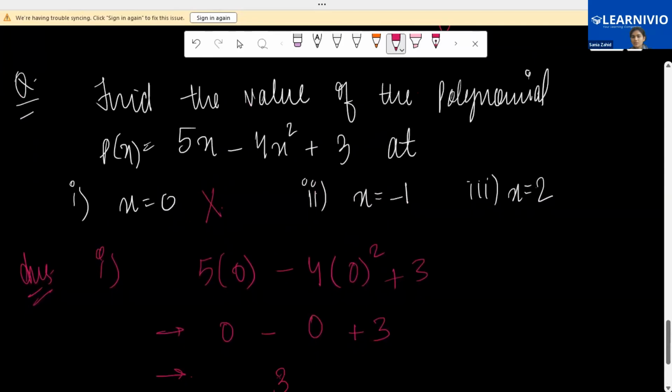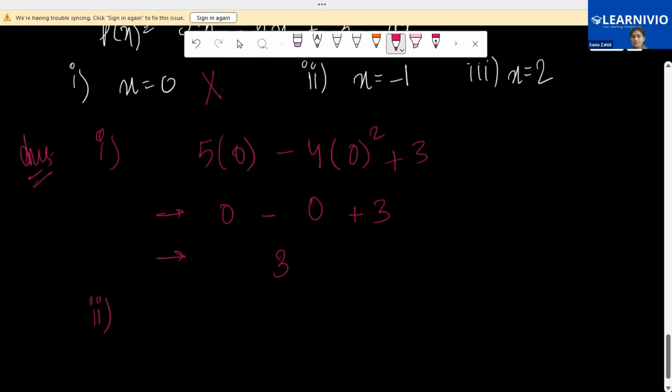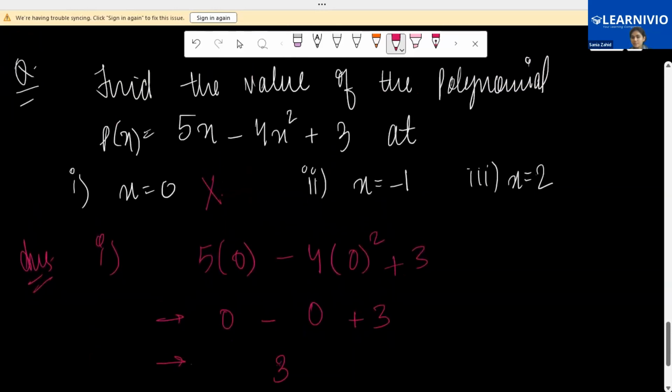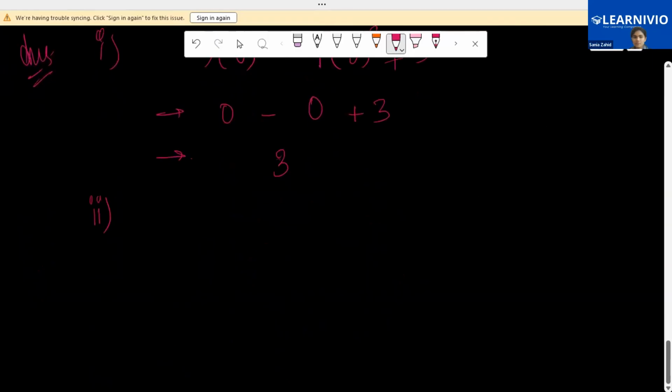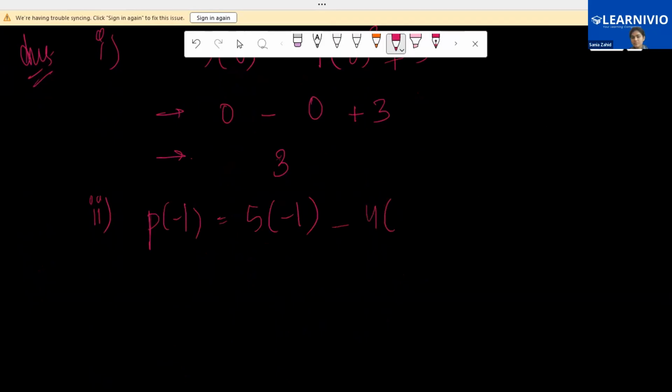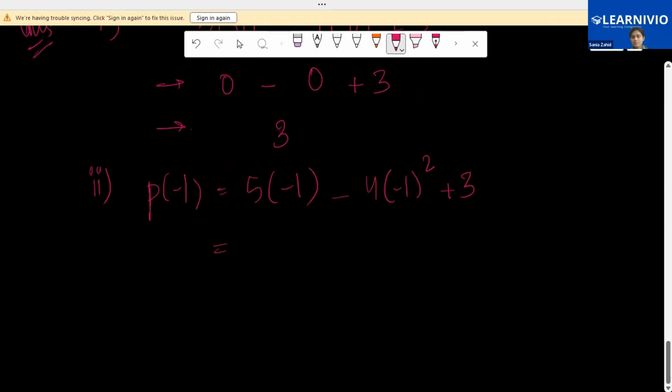For x equals minus 1, I got... Hafsa, listen carefully. Do not do your work right now. P of minus 1 equals 5 into negative 1 minus 4 into negative 1 square plus 3. Then 5 into negative 1 equals negative 5.